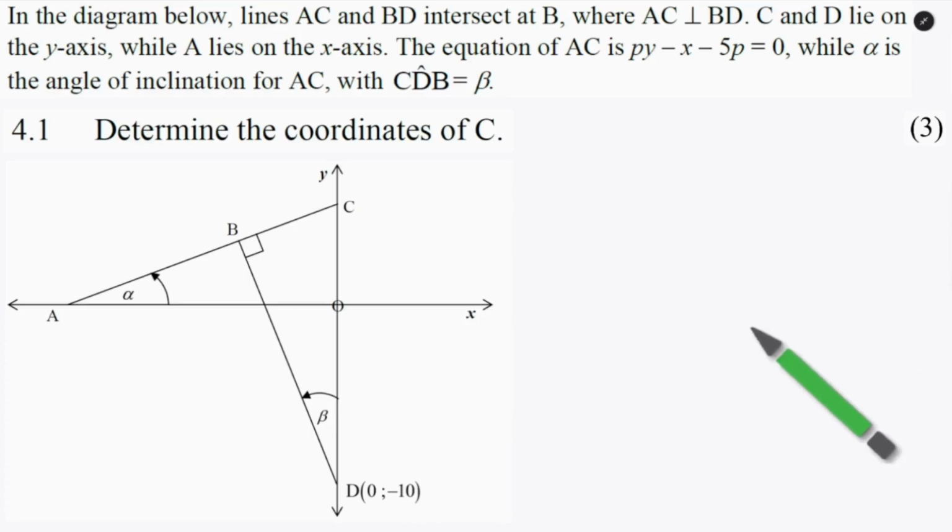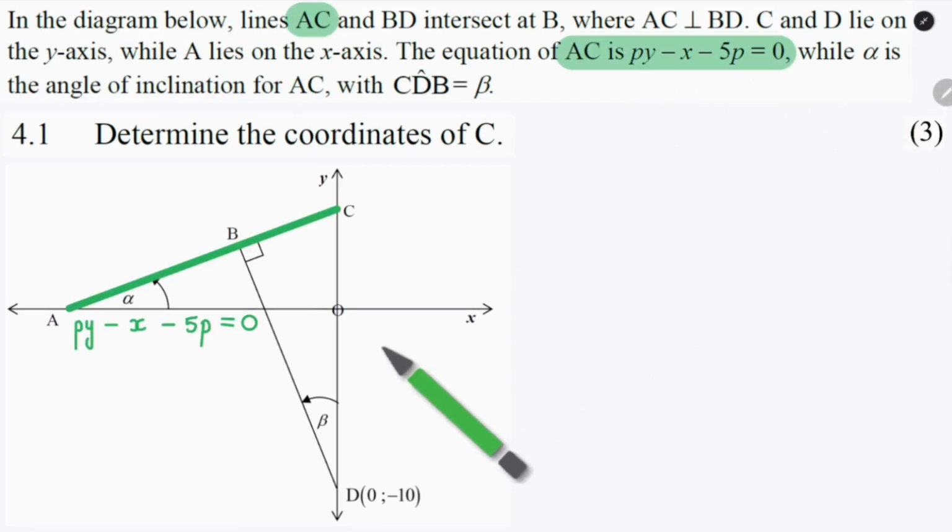In question 4, we continue with analytical geometry, and we've been given the following diagram. And we've been given the equation of AC. It's quite a weird one, but let's transpose that information onto our sketch and let's get busy. So I need to determine the coordinates of C. So if I look at the green line, C is a very special point.